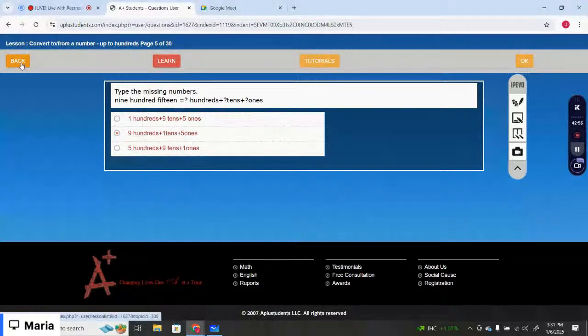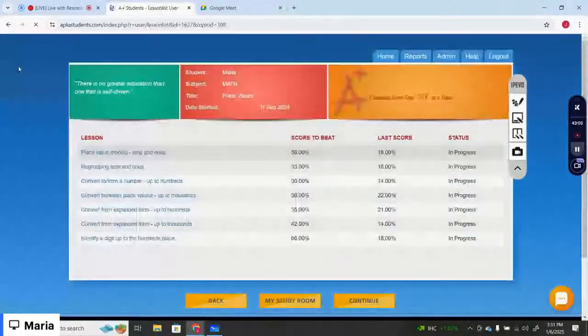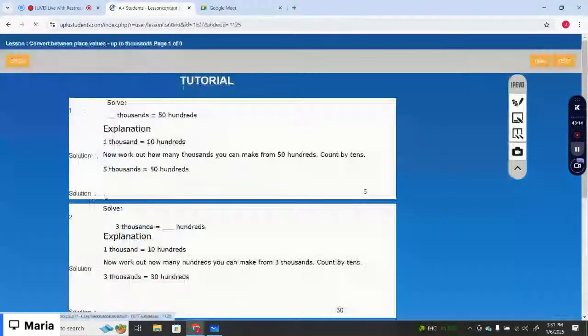And the next lesson is convert between place values up to thousands. Let's just start with the next lesson. So you have to see how many thousands.